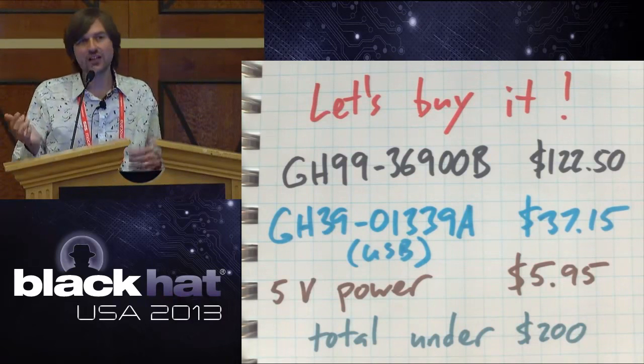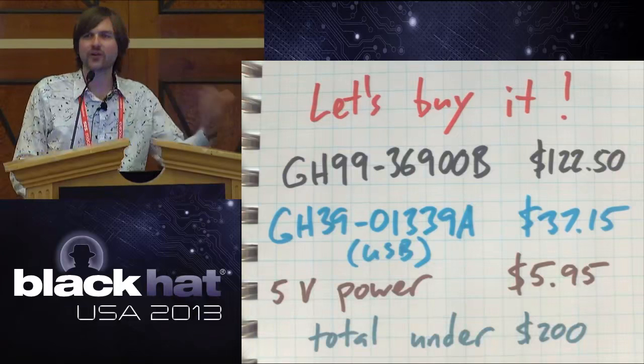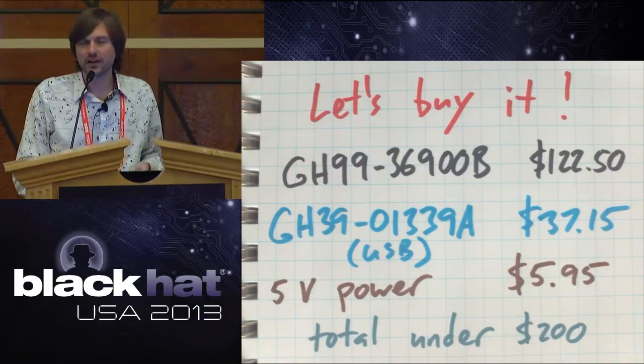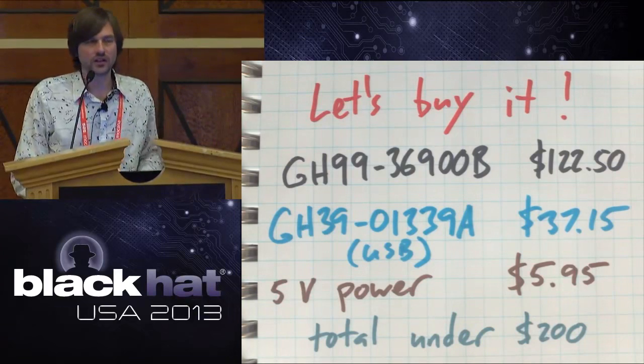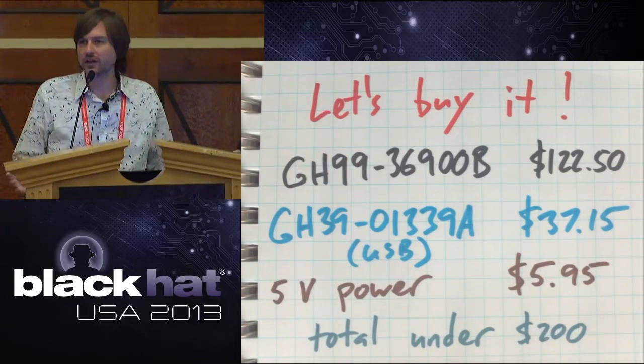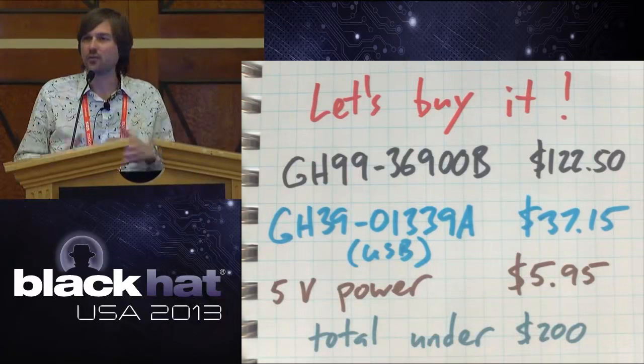And then you need a cable to connect it to the USB port on a target device, or whatever kind of connector the target device has. And then you need a power supply for it. So for a total of $200 or a little less, you can get this whole setup and have the same tool that whoever is programming these devices in the factories or at the mobile carrier or wherever uses.